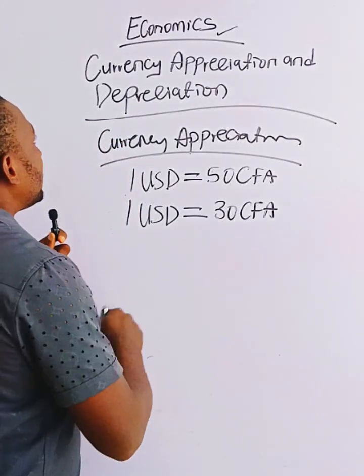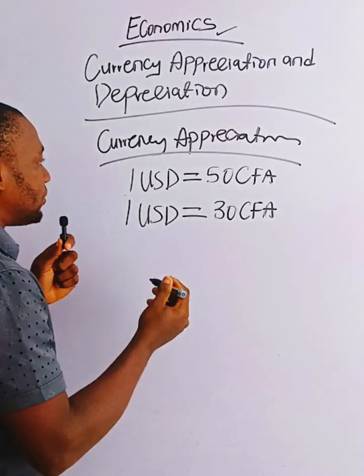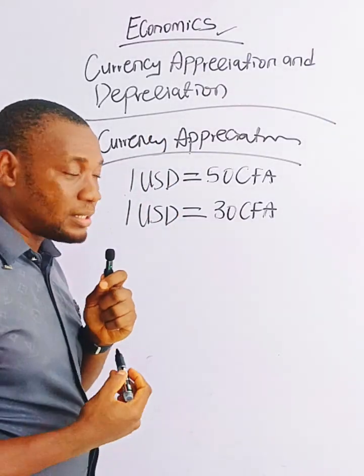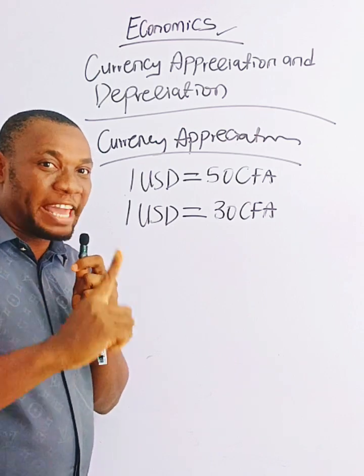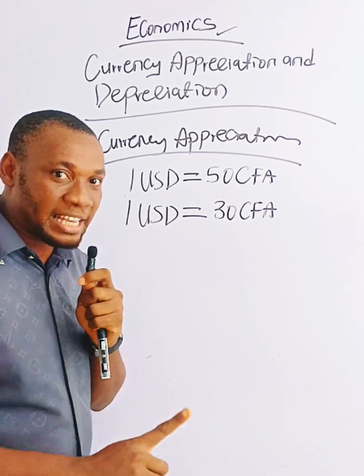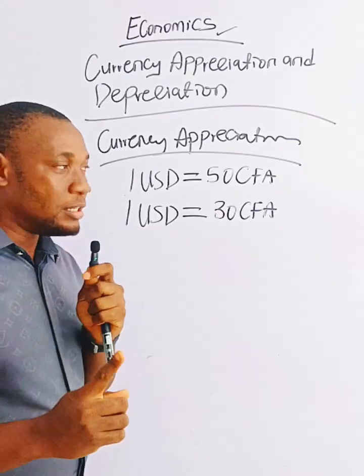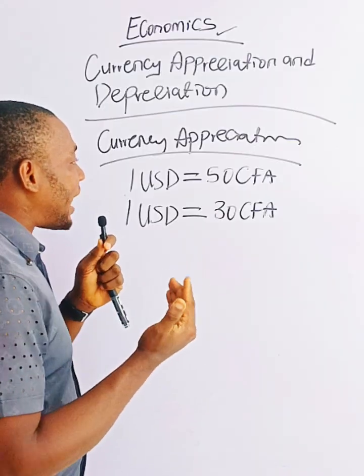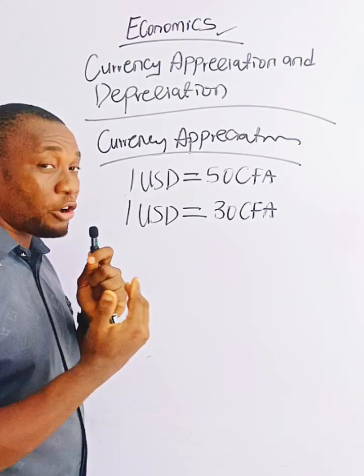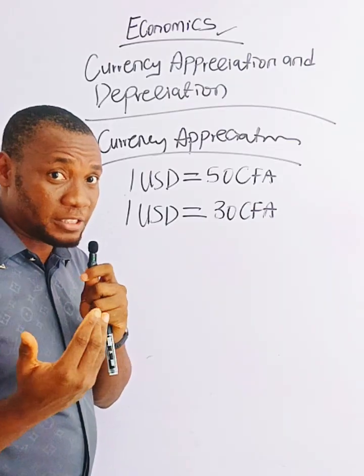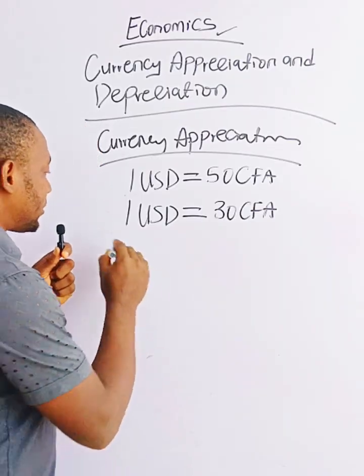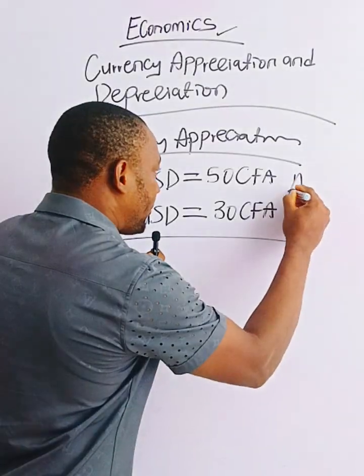All right. Currency depreciation is the reverse. It simply means the decrease in the value of a currency in terms of another. So when you are talking about appreciation and depreciation in currency, there must be some form of a comparison.